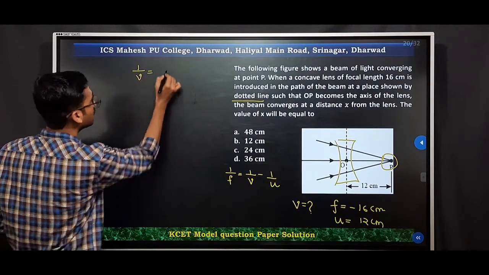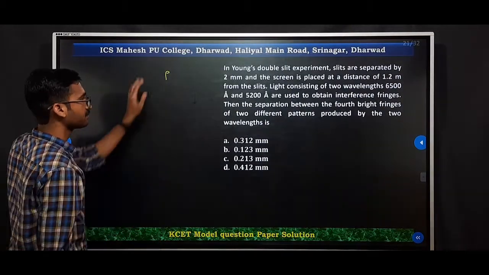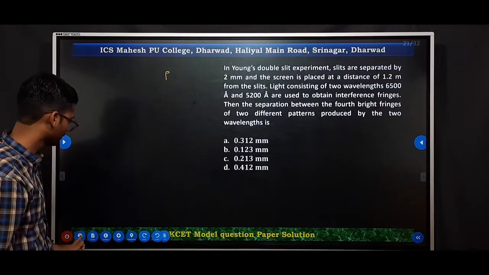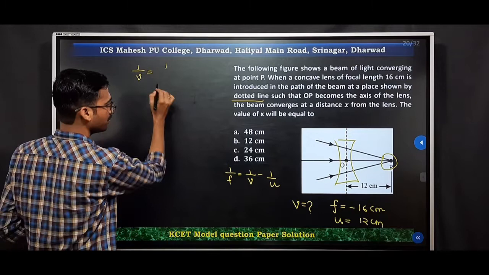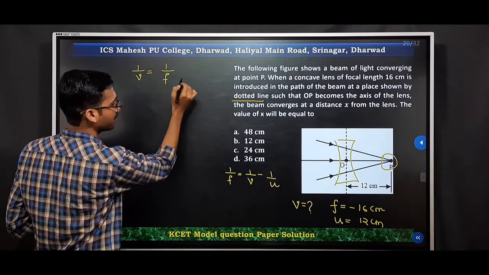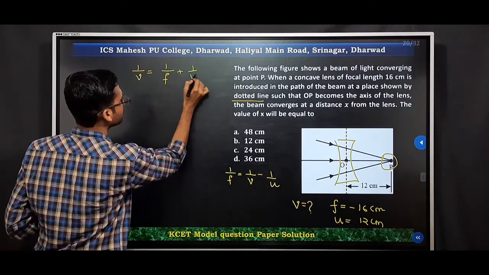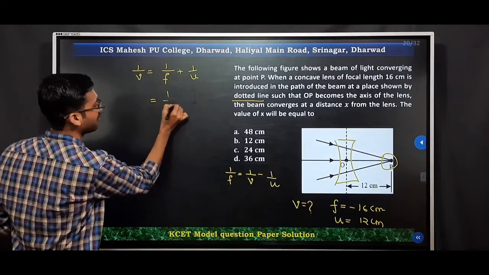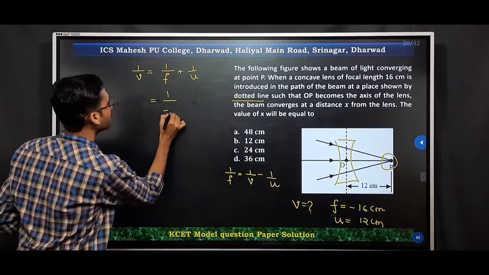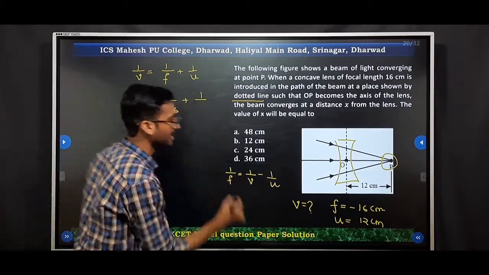1 by v is equal to 1 by f plus 1 by u. Therefore, what is 1 by v? 1 by f is how much? Minus 1 by 16, plus 1 by u is how much?